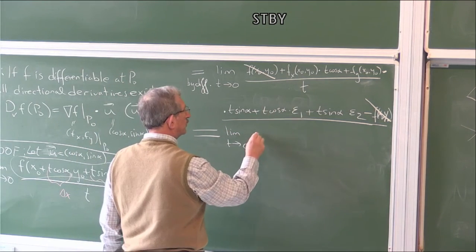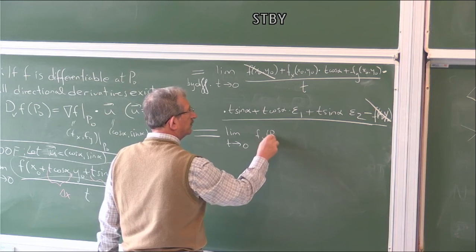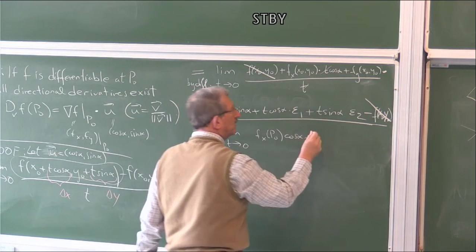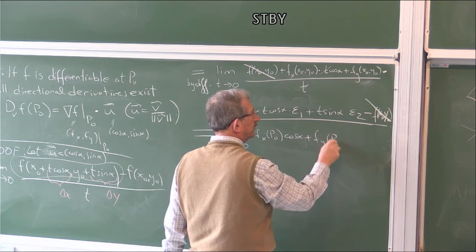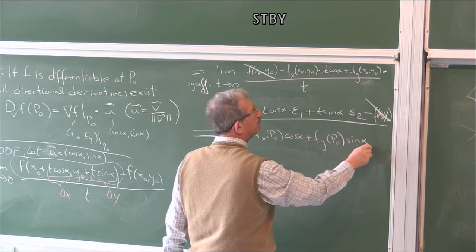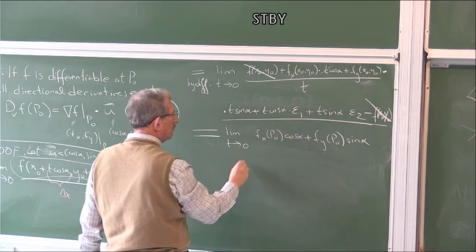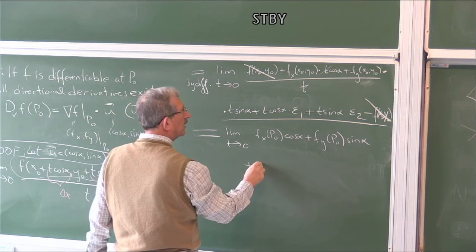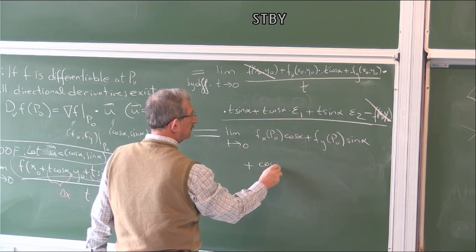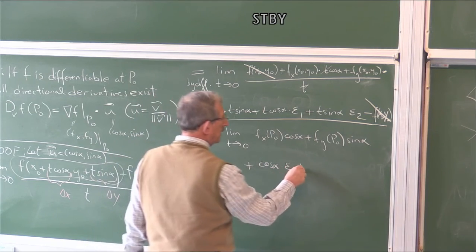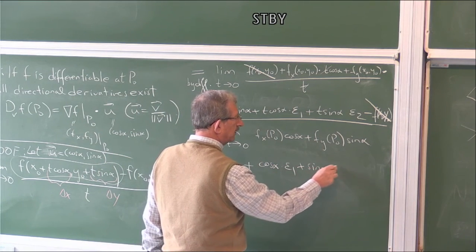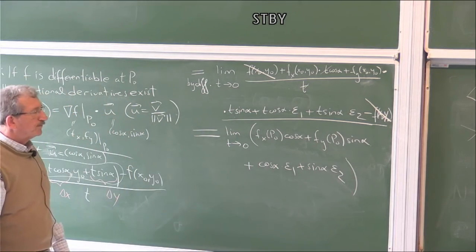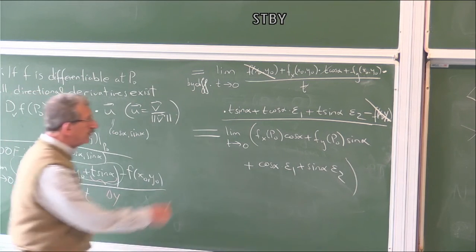This is, of course, f sub x at p0 cosine alpha plus, t's cancel, f sub y at p0 sine alpha plus, I divide by t's now, cosine alpha epsilon 1 plus sine alpha epsilon 2. And t goes to 0. Of course, what happens if t goes to 0?